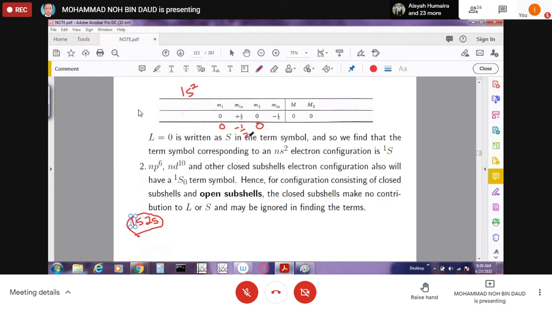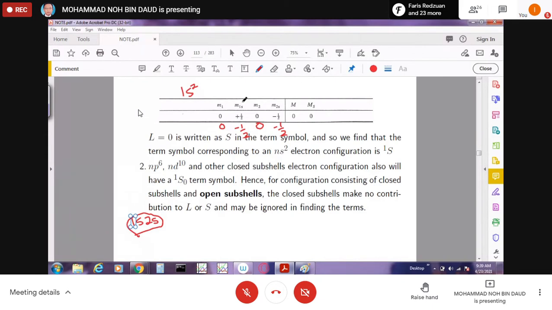Because we have here at least one quantum number different. In these examples, 1 and 2. So the ML here.